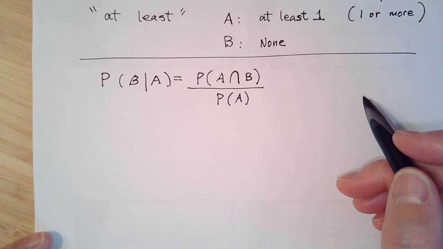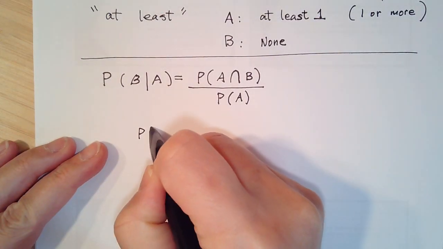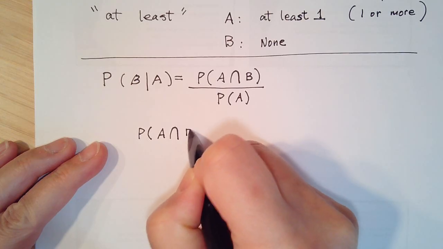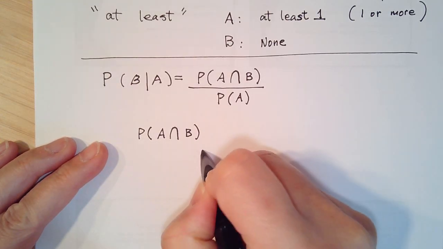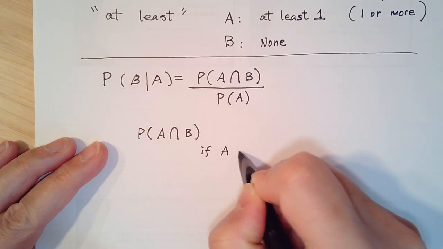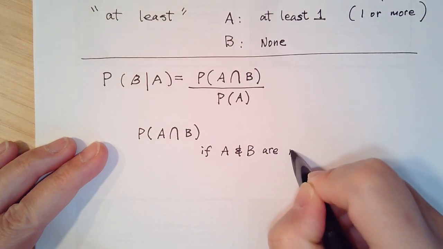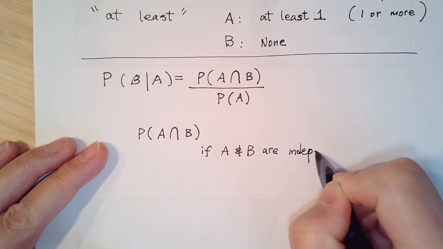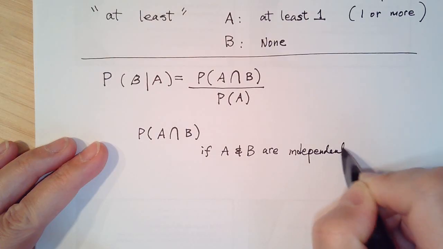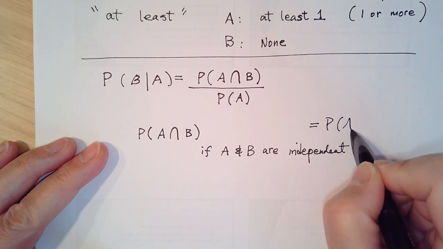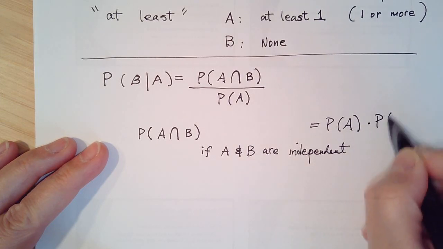Okay, now another quick review. What is P of A and B if A and B are independent? Then that will be just P(A) times P(B), right?